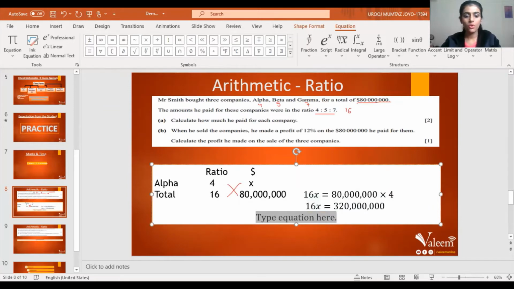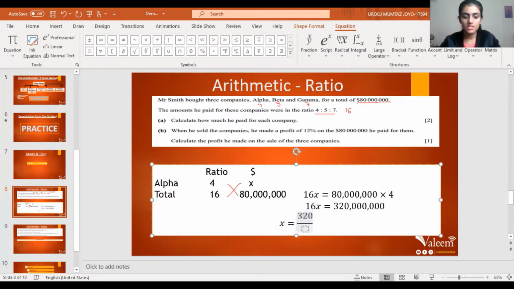The next step we all know is x equals, 16 is multiplying here, so when it goes to that side, it gets divided. So it will be 320 million upon 16, which equals 20 million.